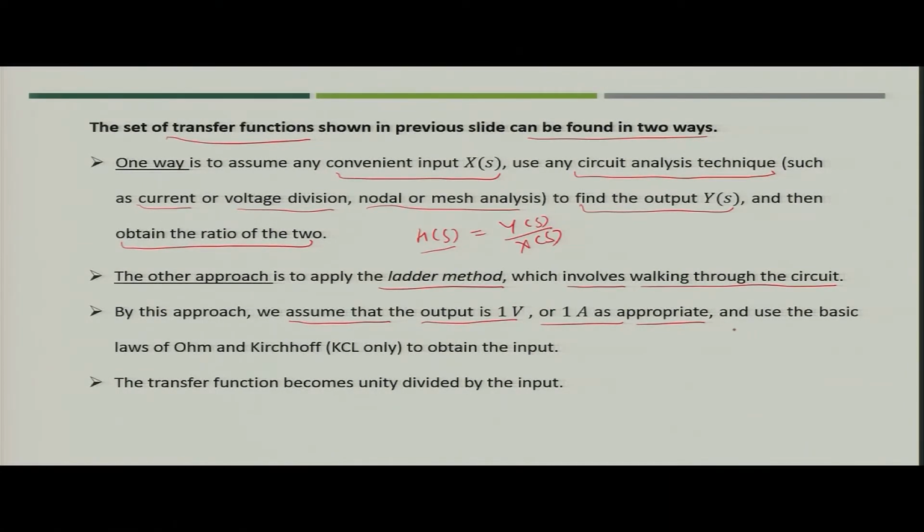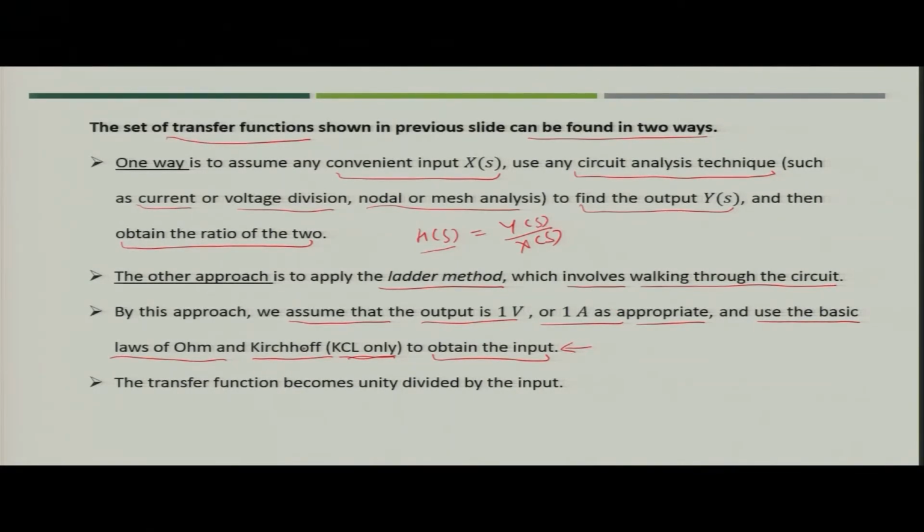Then we use the basic laws of Ohm and Kirchhoff. Generally we use only the Kirchhoff current law because it is more convenient in walking through the circuit, and then we obtain the input. It means that we are starting from output and using the circuit, we are trying to find out what would be the corresponding input for the output given to the circuit.